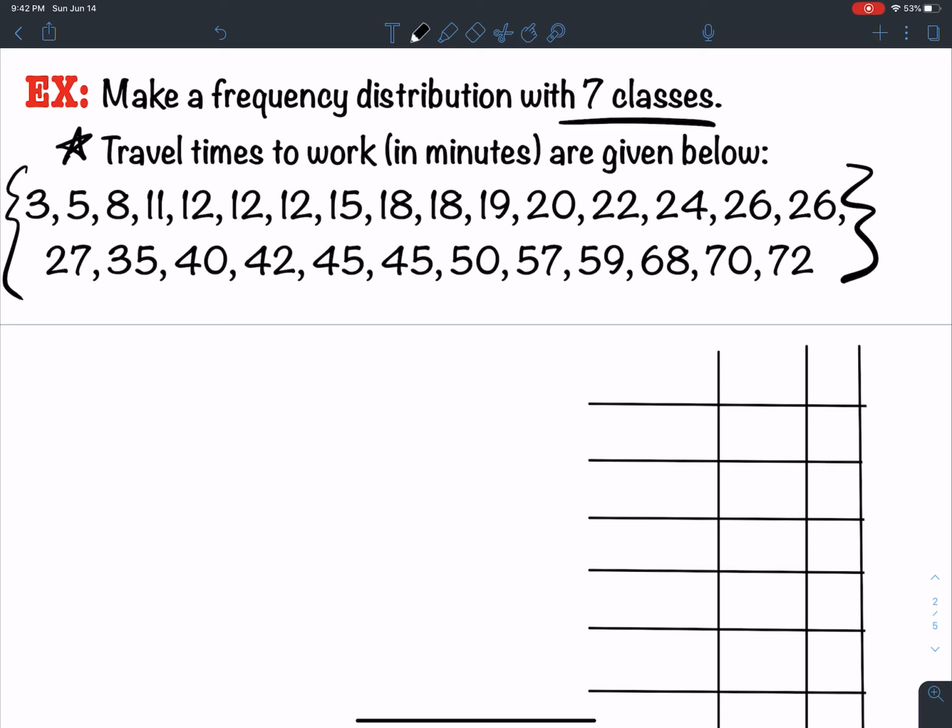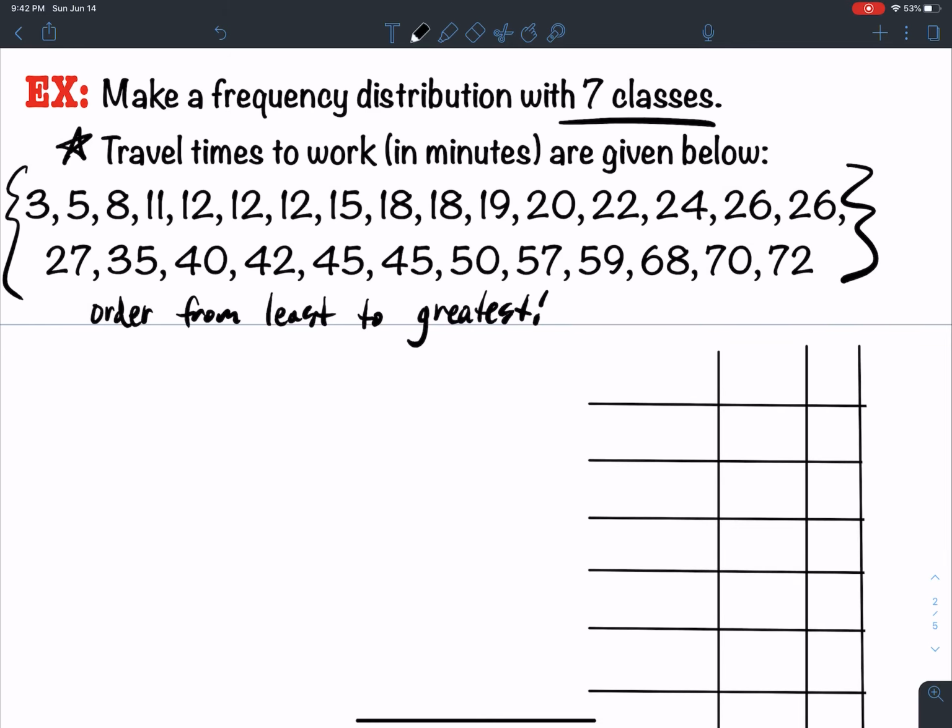It's easy when it's lined up from least to greatest because then you know automatically that there's 3 12s. But if it's all shotgun random numbers up there, then you've got to put them in order from least to greatest. So it's already done for us.